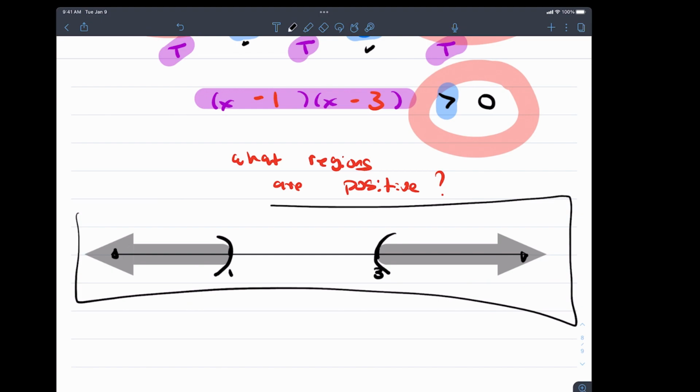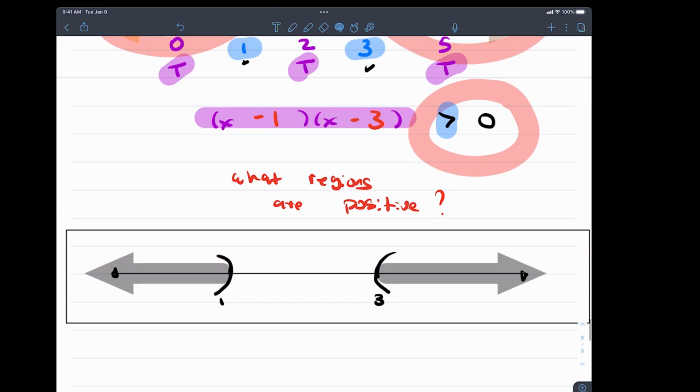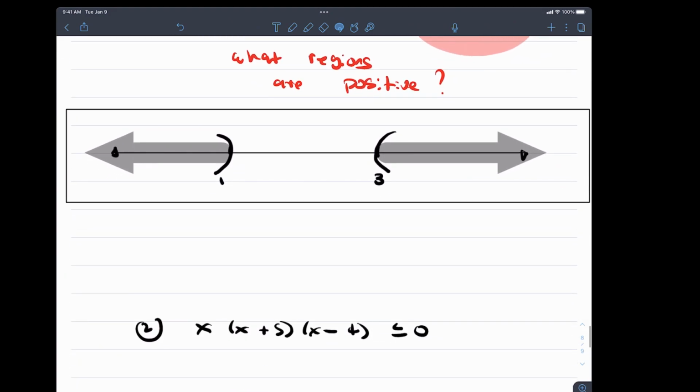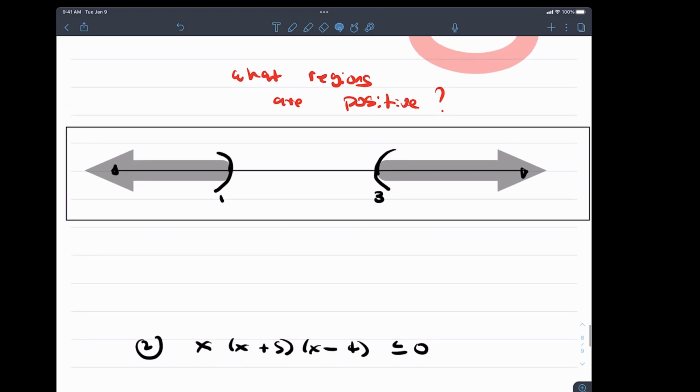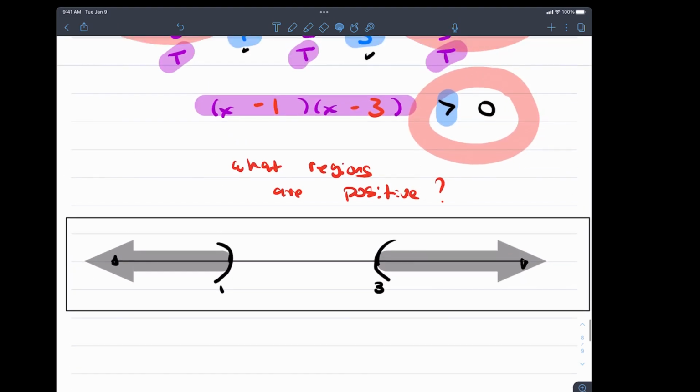Do not include the 3 because at those values, it equals 0. Okay, you guys okay with that? And there it is. This is what you're looking for. There you go. Okay, you guys okay with that one?